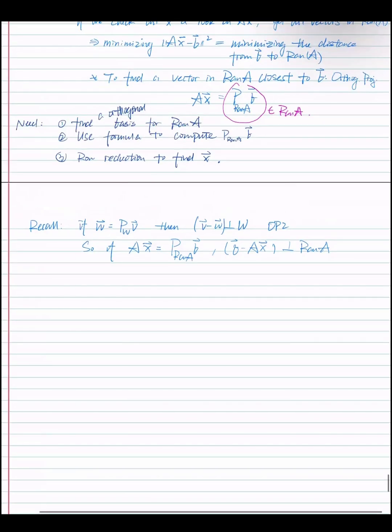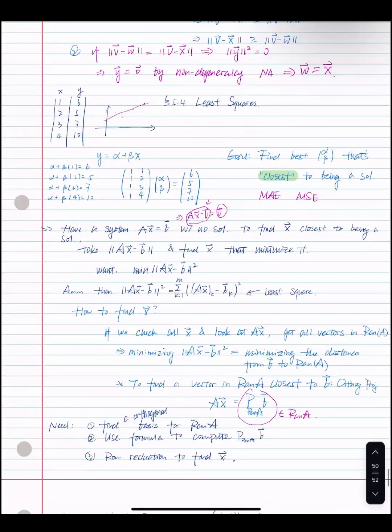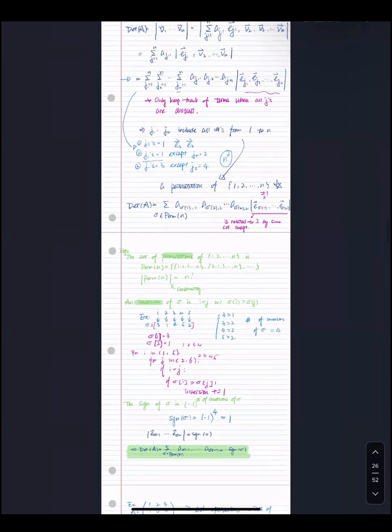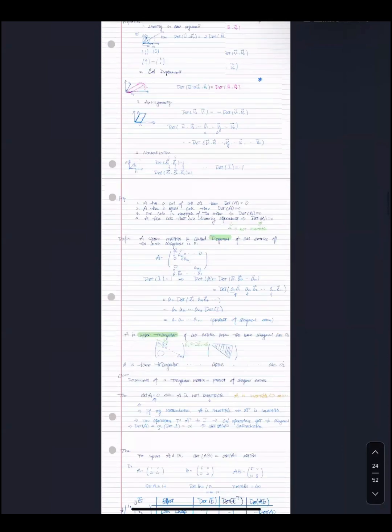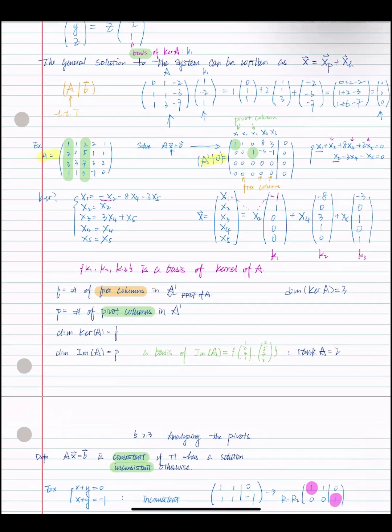Now, if A is a linear transformation, then from here we know the basis of the range of A is these two columns.